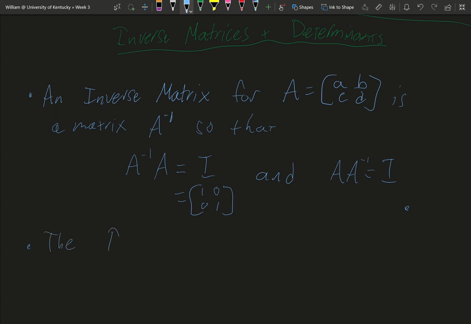The determinant of A, this is actually something that you should have seen before. It's possible it wasn't called that when you took Calc 3.